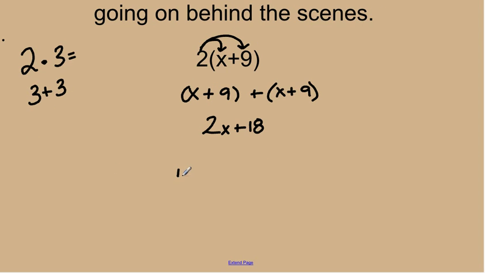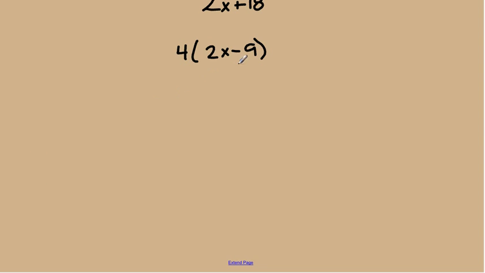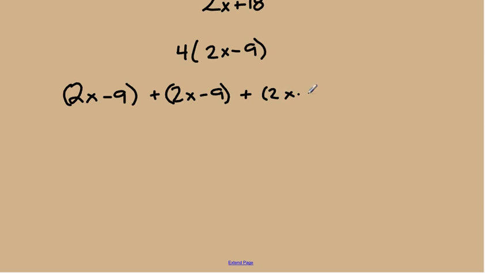What if it was 4 times 2x minus 9? Well, all that means is I want the 2x minus 9 to occur 4 times. 2x minus 9 plus 2x minus 9 plus 2x minus 9, and one more, plus 2x minus 9.